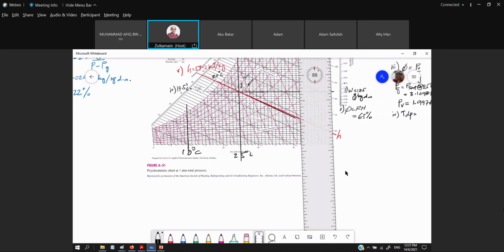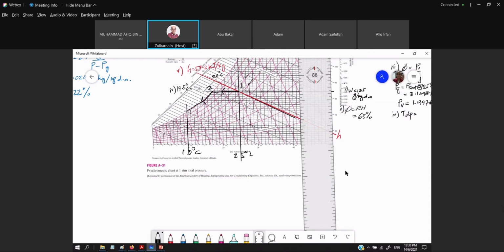Right? So what happened actually is we have a process from 1 to, let's say this point, 2. This is point 2. And then another process follows the saturation line, which is where the humidity is 100%.